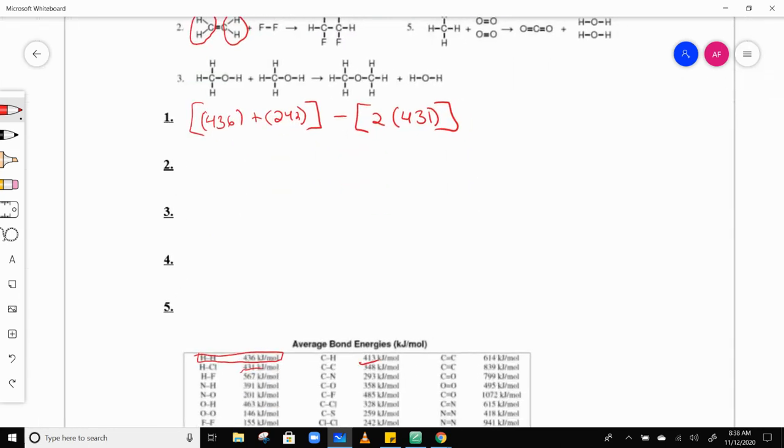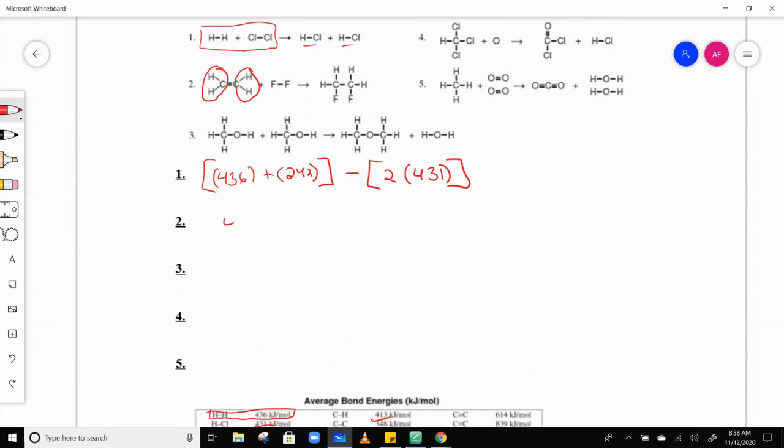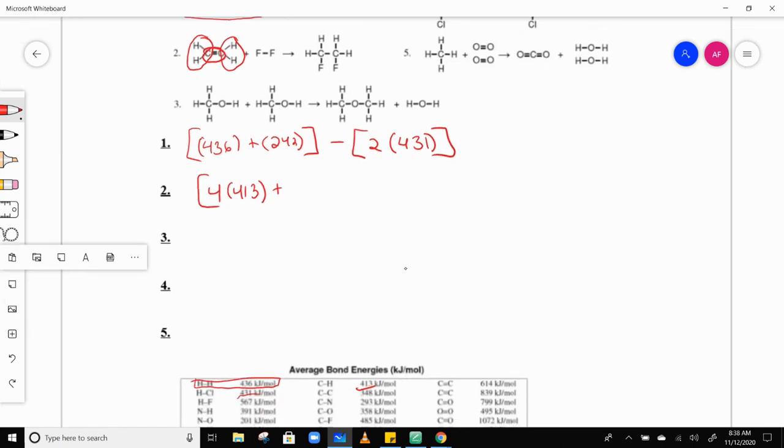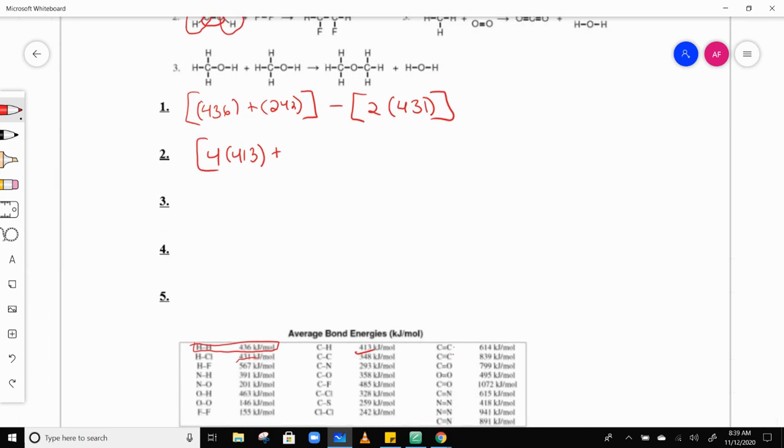The CH bonds are 413, so 4 times 413. Plus, you have a CC double bond. So that C double bond, you'll see that there's a CC single bond. That's the single bond down here. But there's also a double, and these are triples. Okay, that's a triple bond. Okay, these are actually different. This one is a double, this one's a triple. A little bit hard to see there.